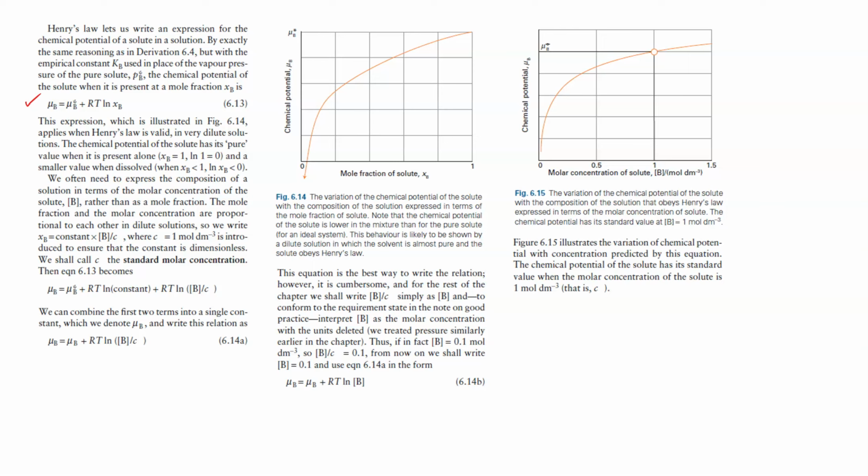We shall see that C, the standard molar concentration, equation 6.13 becomes the following, where instead of RT natural log mole fraction B, we have RT natural log of a new term.